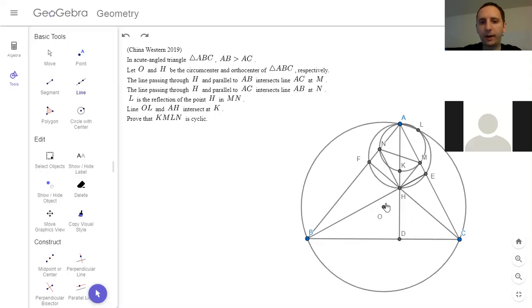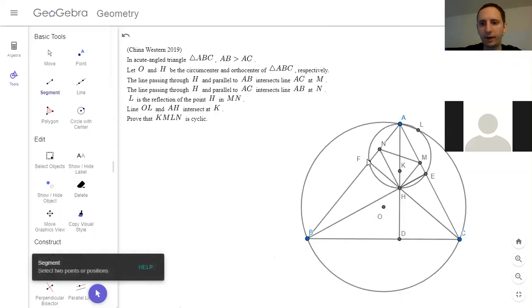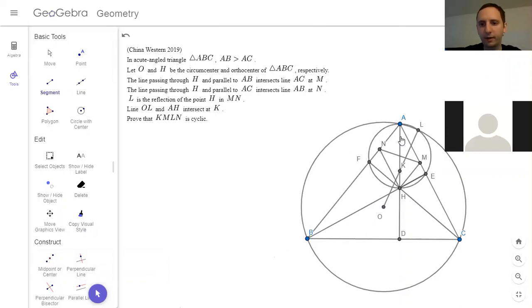Are you defining L? How are you defining K? Are you defining K like this instead? I think that's what you're doing, right? Yeah, as given. Okay, and then you're showing angle LMC equals angle LKH.